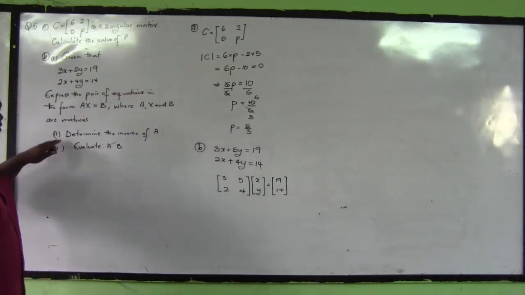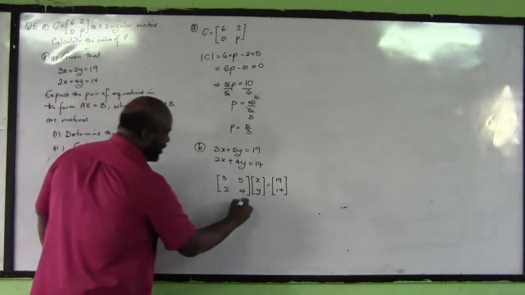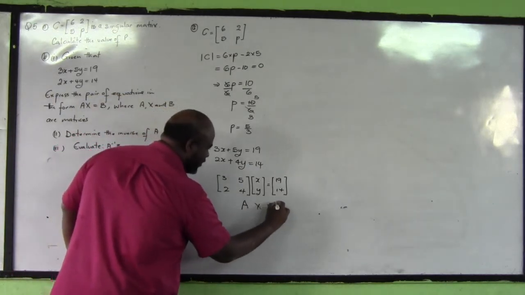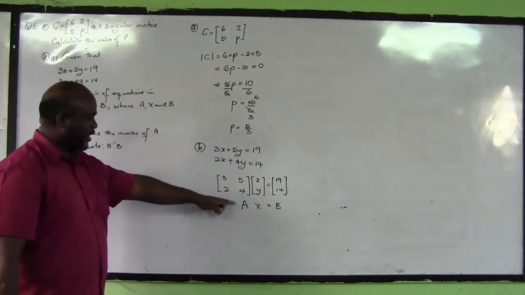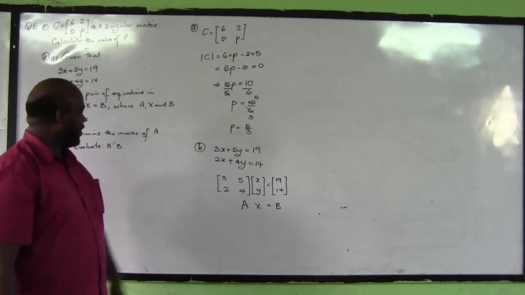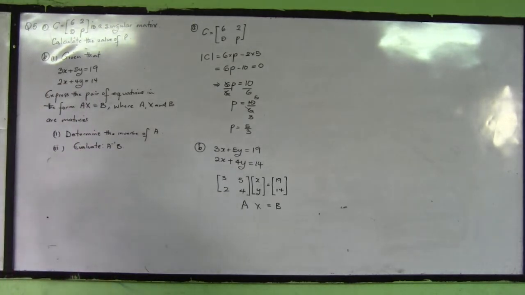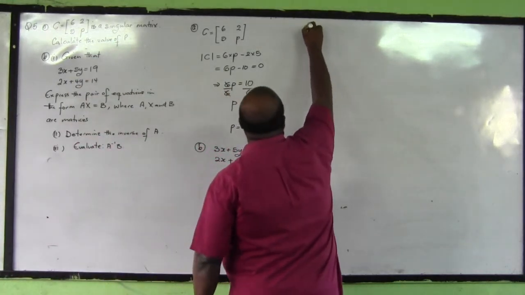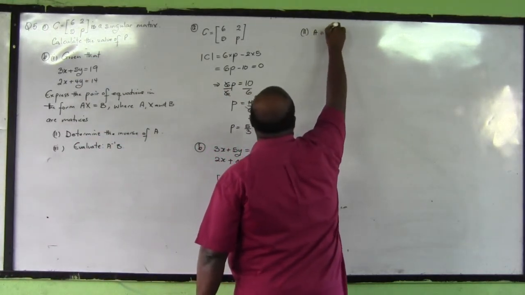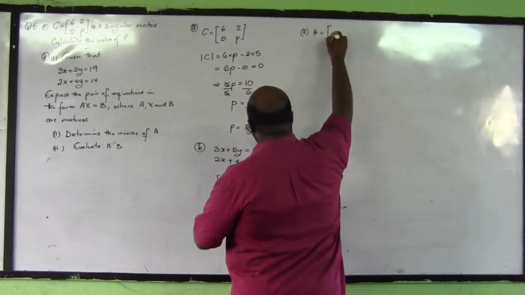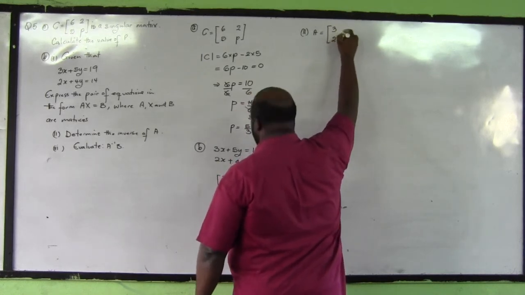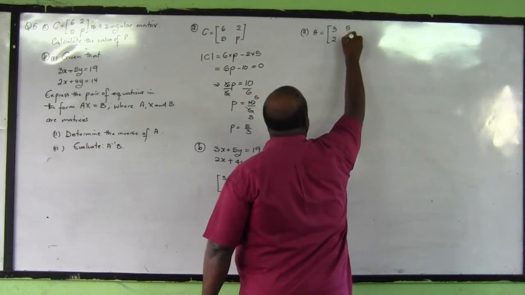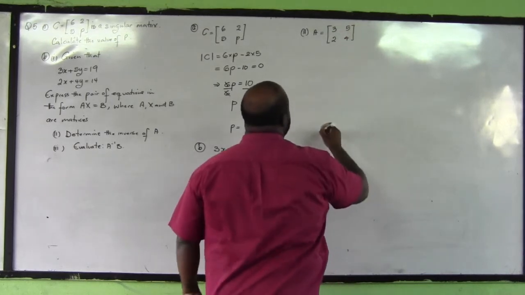Now, this is in the form AX is equal to B. So A corresponds to this. The next thing we're asked to do is to find the inverse of A. So, B(ii), A, which is 3, 2, 5, 4. We're asked to find A inverse.